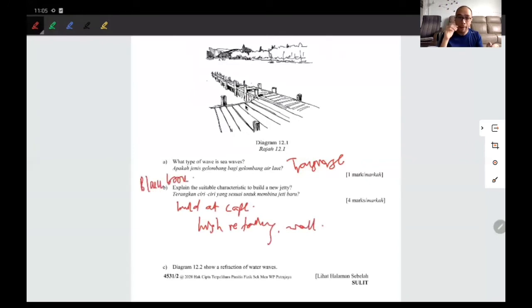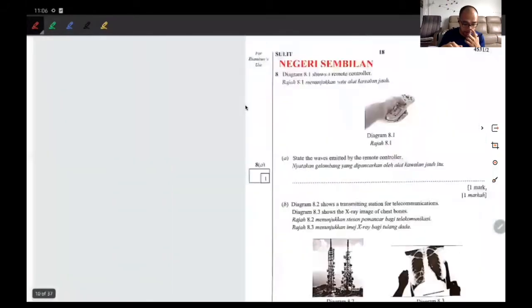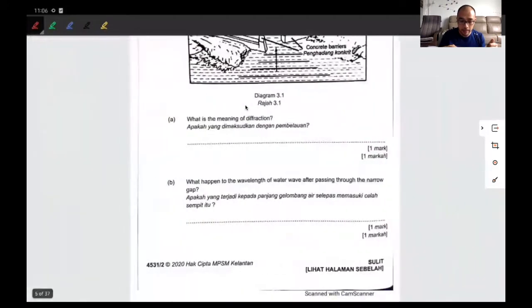Okay, this is probably also a good question to do a short revision. Let's say you want to build a new jetty or a hotel. Okay, talk about a cape. Remember just now we talked cape or bay. Okay, bay, cape. Sorry, terbalik. Bay, cape. This is cape. Am I right? Sorry. Let me take a look at the diagram this time.